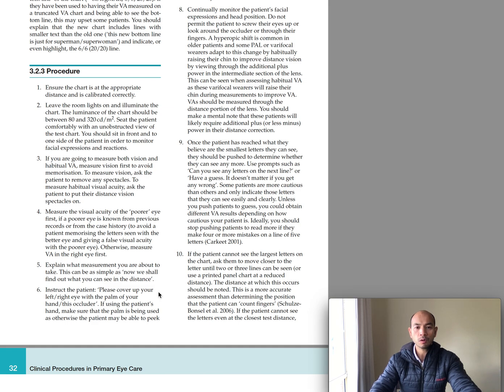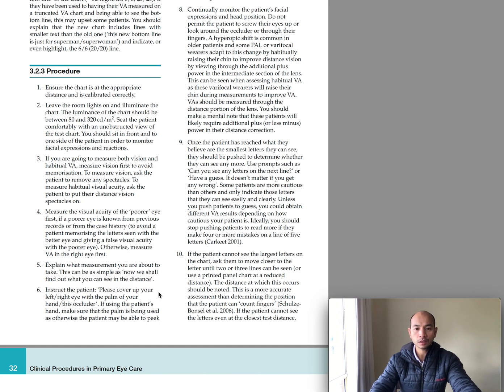Some patients are more cautious than others and only indicate those letters that they can see easily and clearly. Unless you push patients to guess, you will obtain different VA results depending on how cautious your patient is. Ideally, you should stop pushing patients to read more if they make four or more mistakes on a line of 5 letters.